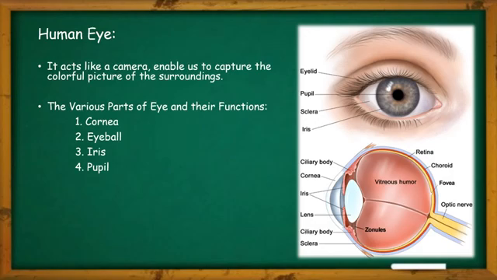The pupil regulates and controls the amount of light entering our eye. It is the black colored opening between the aqueous humor and the eye lens, and light enters through it.